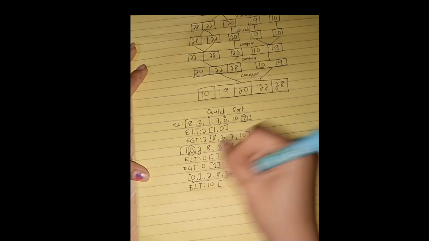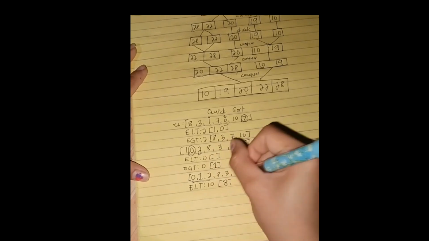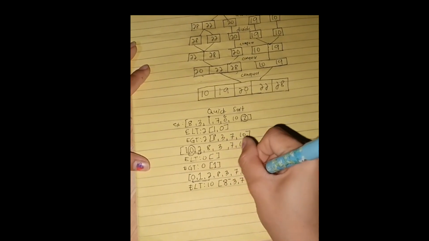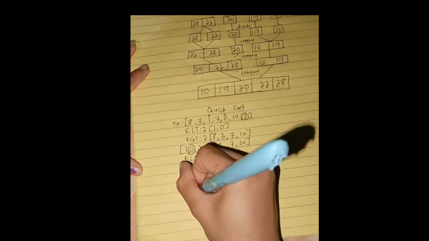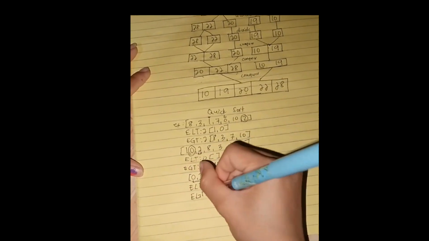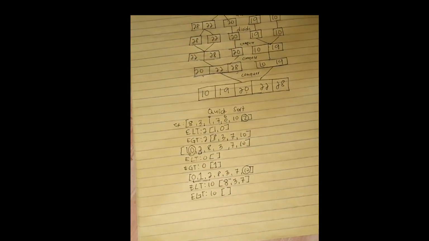Ang element na less than kay 10, we have 8, 3, 7. Hanapin naman natin ang element na greater than kay 10. Ang element na greater than kay 10 ay wala.